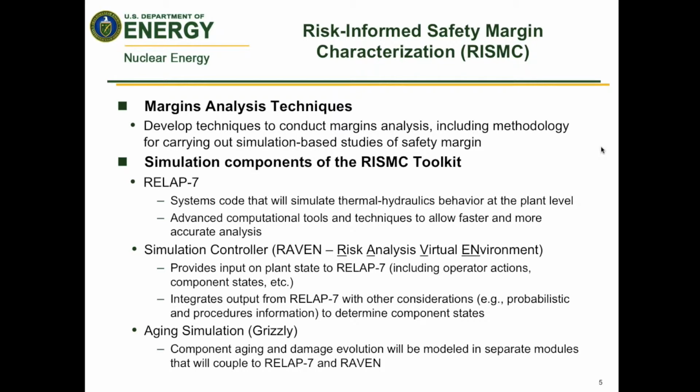It handles the probabilistic analysis as well. And then finally, there's the Grizzly code, which is looking at materials aging degradation. It's been focused mostly on the reactor pressure vessel now, but we're also looking at concrete degradation in terms of this Grizzly code. And I'll talk a little bit more about that when we get to the IRP.